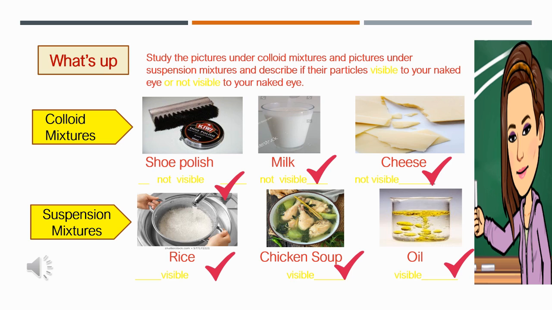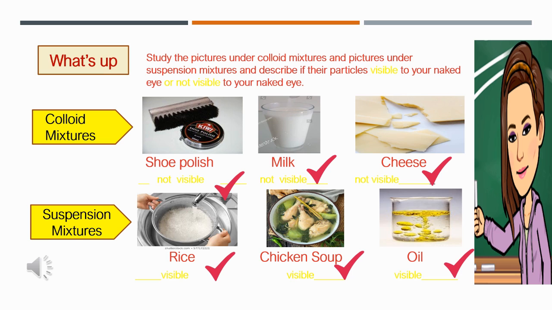Now, let us check your answer under suspension mixtures. Picture number 1, rice. Are rice particles visible or not visible to your naked eye? Correct. Visible. Picture number 2, chicken soup.